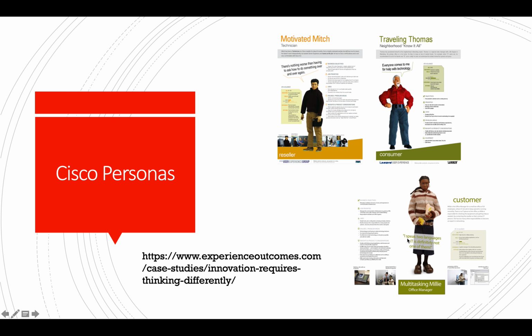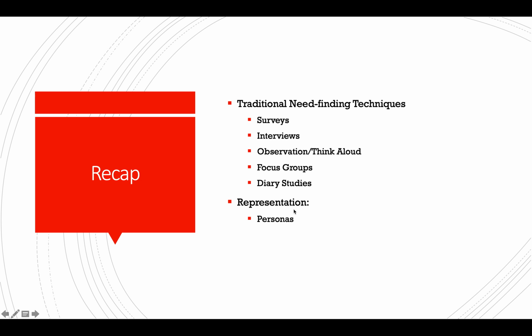And each of these personas has kind of a tagline. They've got a set of user characteristics and what they do with their life and all of that type of stuff. And so you can think about, we're going to set up this new software for managing local area networks. Well, motivated Mitch is going to want this, but traveling Thomas needs this other thing, right? And it really helps in the design process.